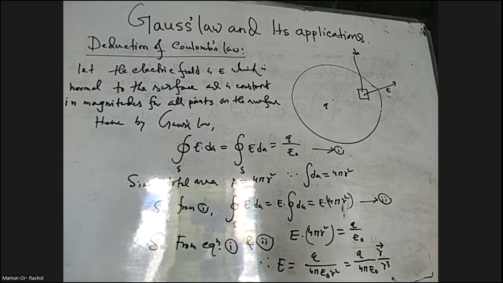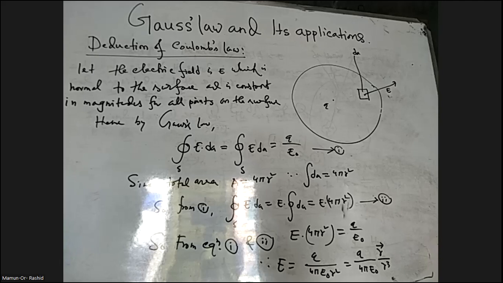So today we have discussed what electric flux is, what electric lines of force are, and we have evaluated the electric flux for three types of angle. Then we have defined Gauss law.